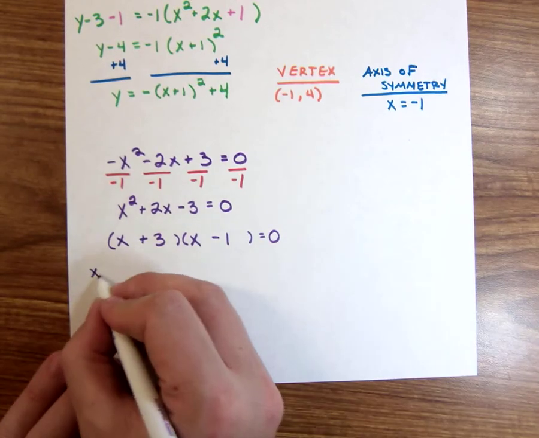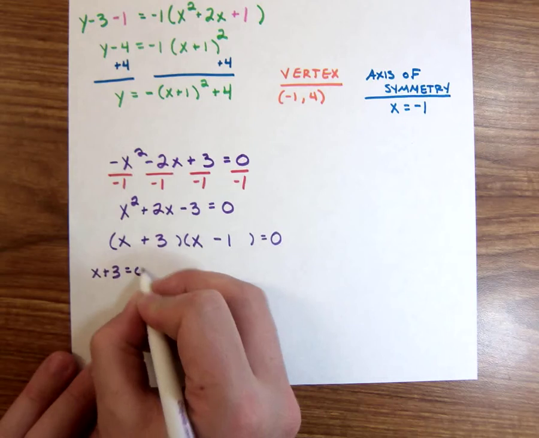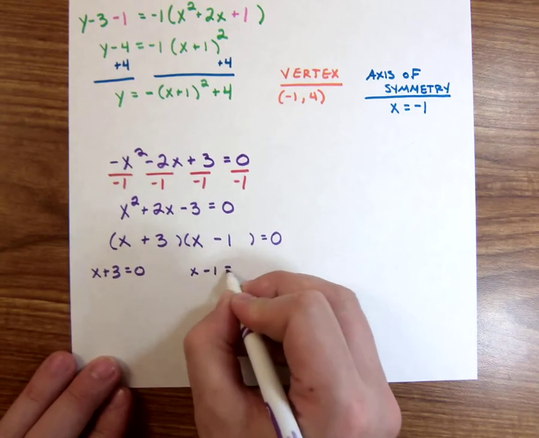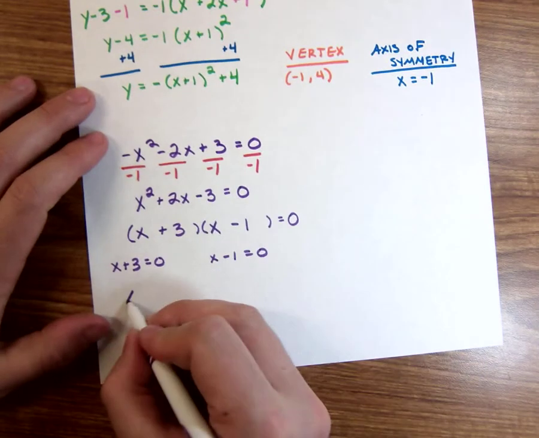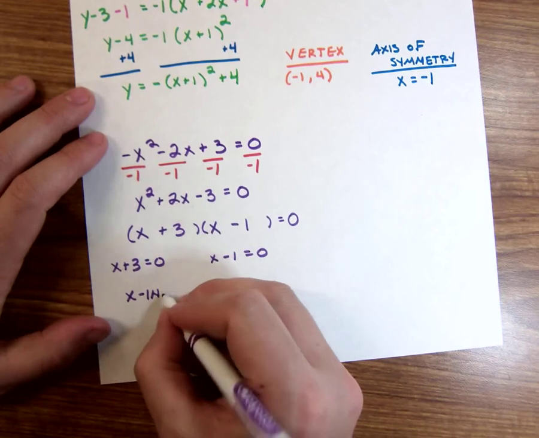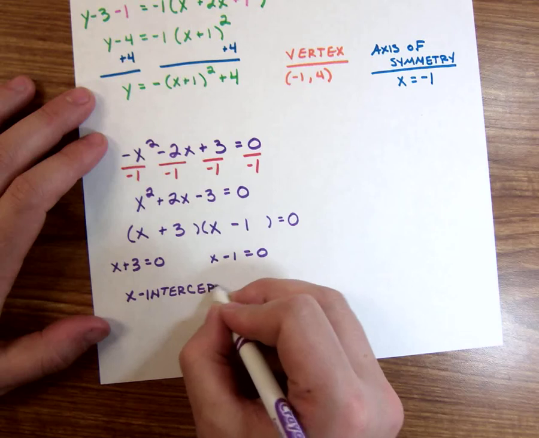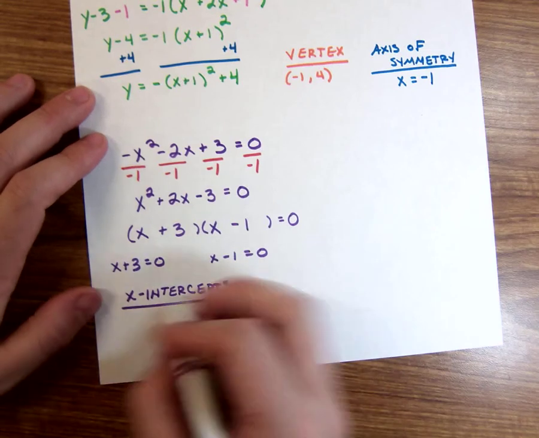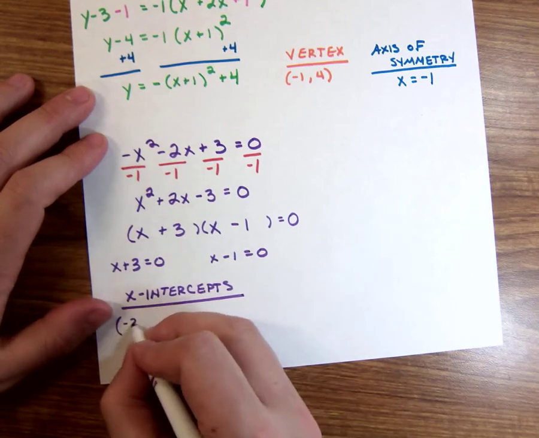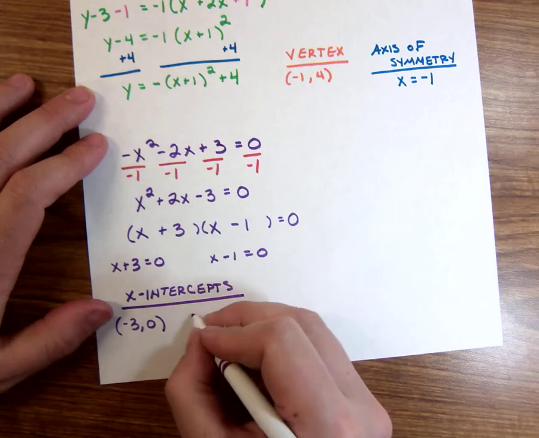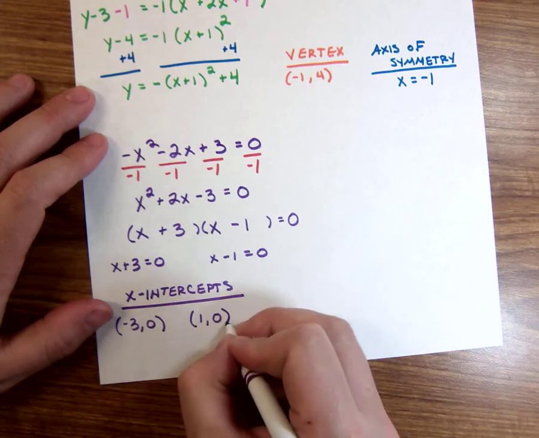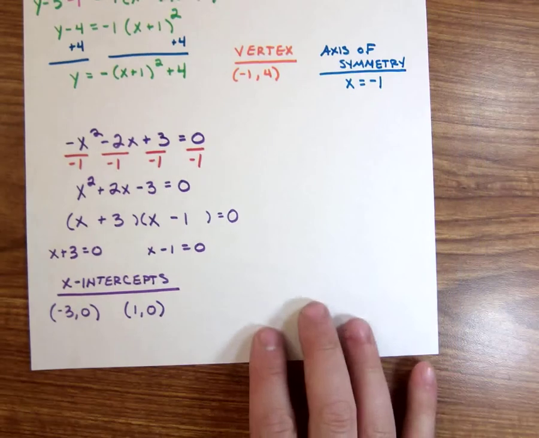So, x plus 3 equals 0, x minus 1 equals 0. So my x-intercepts, or the roots, are (-3, 0) and (1, 0).